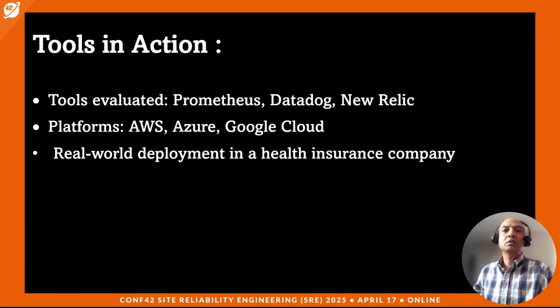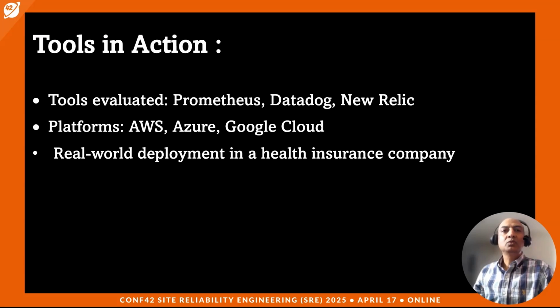Number two is Datadog, a commercial SaaS solution that integrates well across cloud services and provides powerful dashboards and alerts. And number three is New Relic, known for application performance monitoring, real-time observability, and user experience tracking.